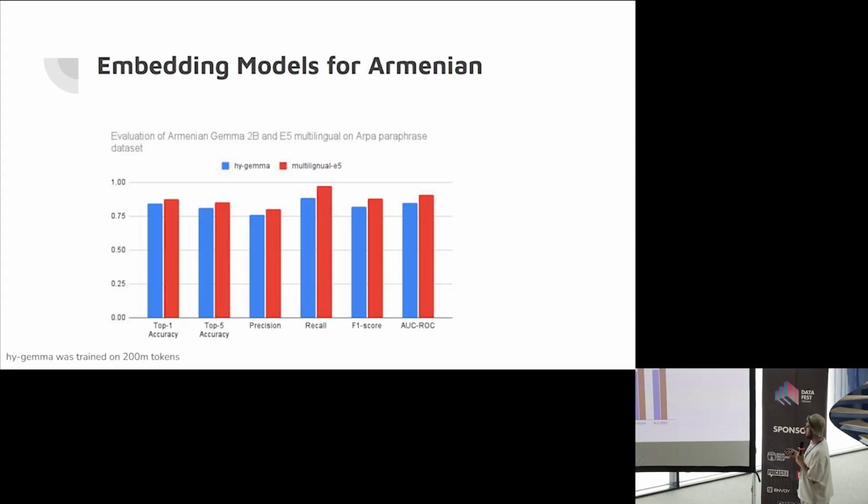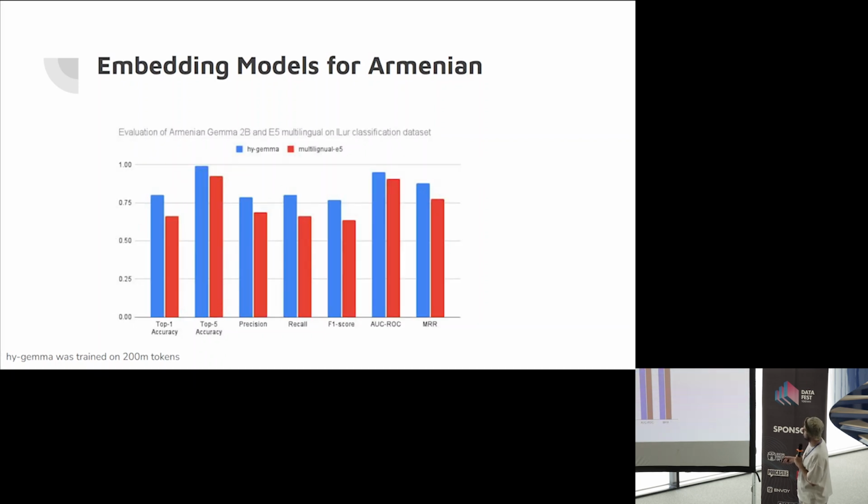So our intuition behind this is that this is a classification dataset where we have tags and seven different categories. So we're thinking that Gemma just does this classification task better, and also the labels of this classification are just one word instead of a whole big text as the multilingual E5 was trained on.